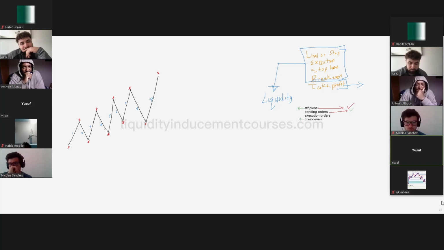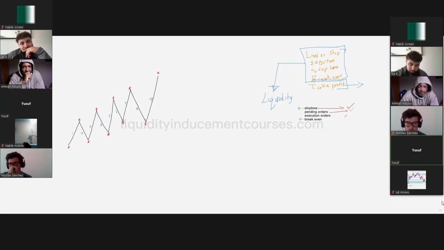Why? Because these 2 are the key ways that money is being taken away from you in the market. Once price hits the stop loss, oh shit, you lose the trade. You lost money. Once price hits the break even, you lose the trade. You lost money. Those are the 2 most important. They are the ones that guide the other ones strictly.